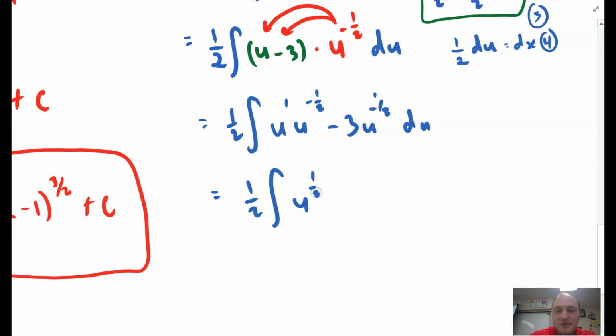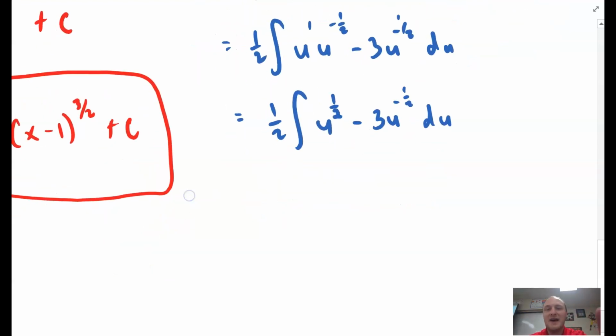You add the powers. That is the product power property. Minus 3u to the -1/2 du. Okay, now it's looking good.